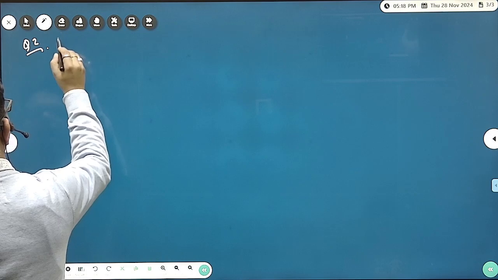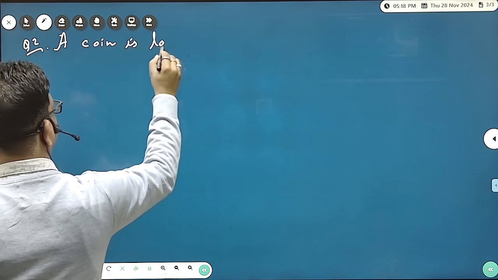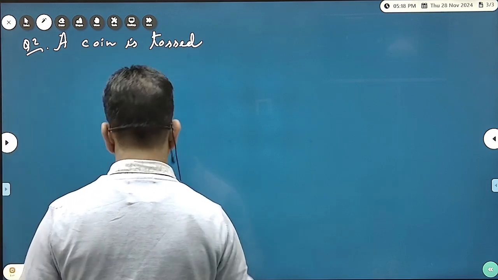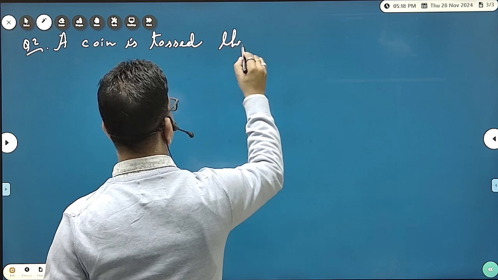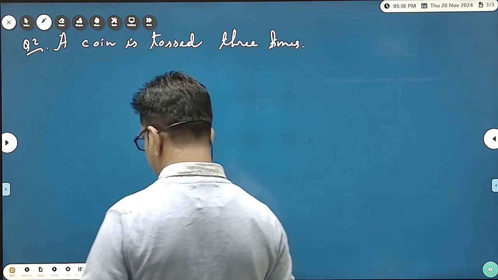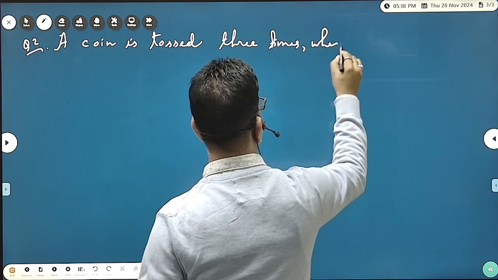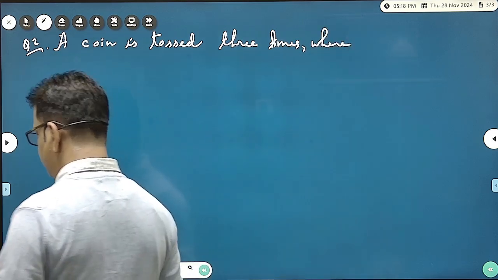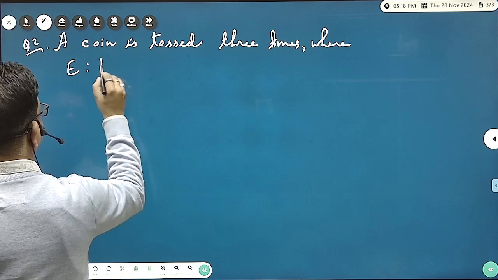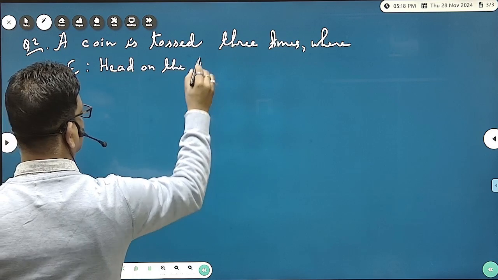A coin is tossed thrice, or 3 times, where 2 events are given. Event E, suppose, head on the third toss.